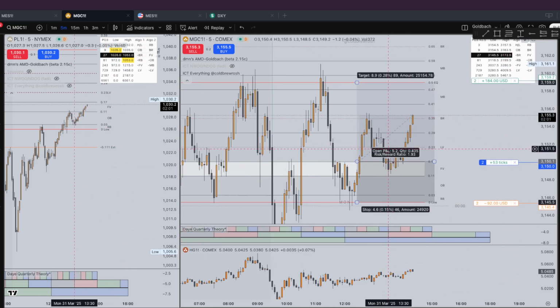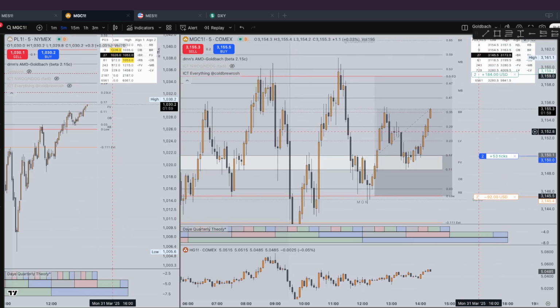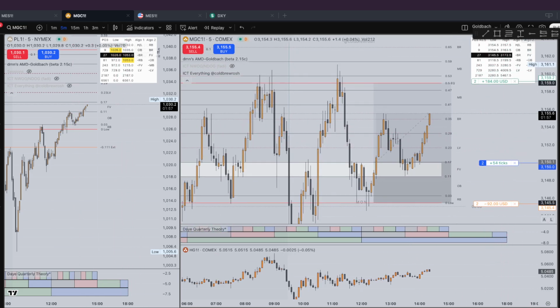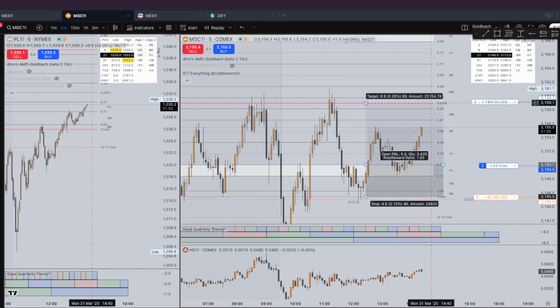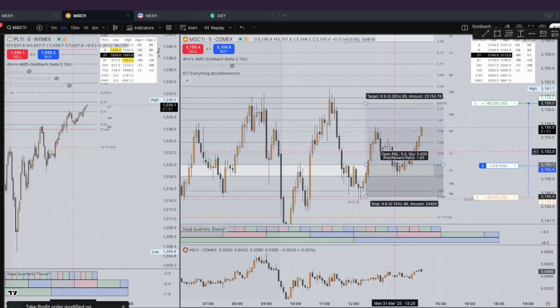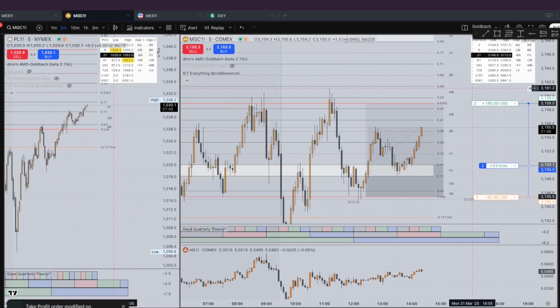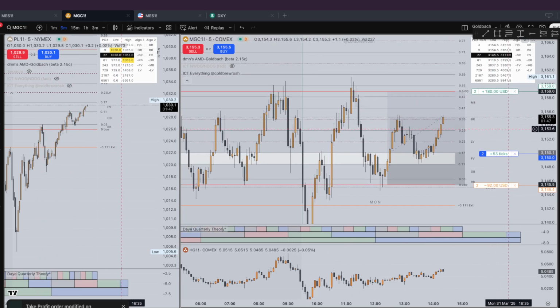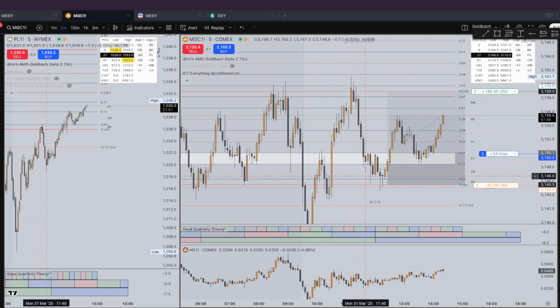It's not like it always happens at macro time. A lot of the times, especially in something like we are in right now, which is NFP week, the time can get shifted a little bit. That's my feeling. Like this was macro, but did it come back to fair value? No, it didn't. It just went straight down. Right?